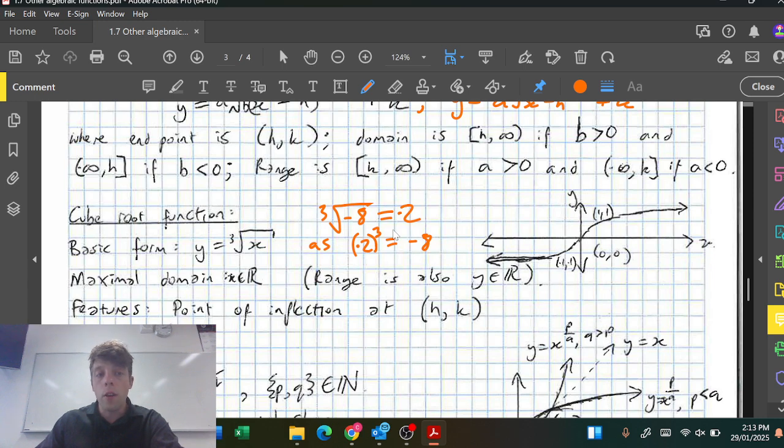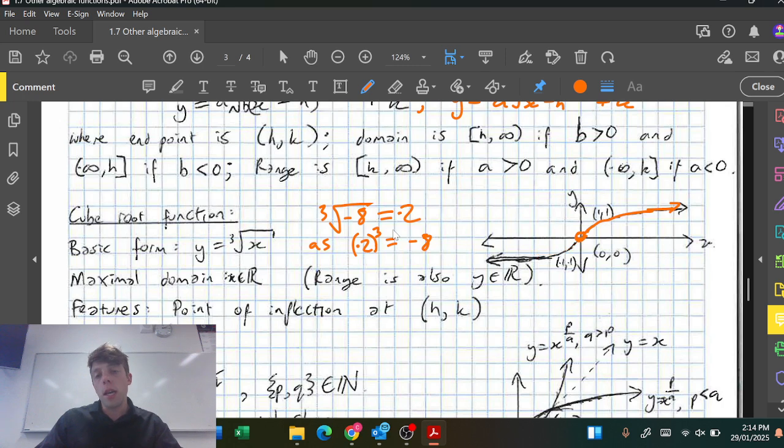The feature of the cube root function is that there is a point of inflection. It's not a stationary point of inflection. We'll discuss the difference later anyway, so don't worry about that too much. There is this weird point of inflection, though. A point of inflection just means that there is a change in concavity, so there's a parabola going in this direction to a parabola going in that direction.